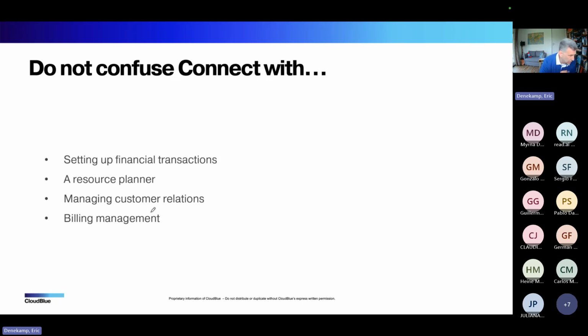We can just sell chunks of that disk space on that server, and that's about it. That means that you would need a secondary monitoring system to make sure that that server does not run out of disk space. And if it does, either upgrade storage or add multiple servers to the infrastructure. That's what we mean with it's not a resource planner.